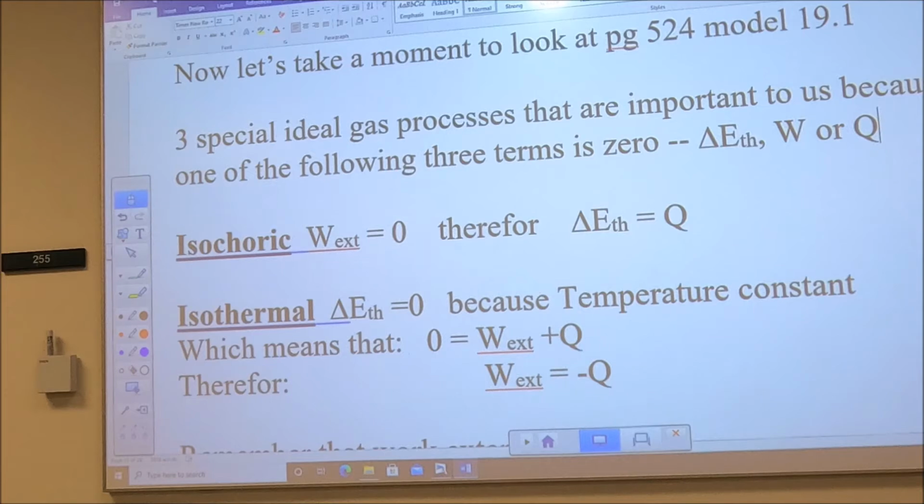And that means that work external is equal to minus Q. So if energy flows in as heat, it flows out as work. If energy flows out as heat, it had to have flowed in as work. So any energy that comes in as work goes out as heat, and any energy that comes in as heat goes out as work. It's more likely that it comes in as work and flows out as heat. That's going to be the most common.